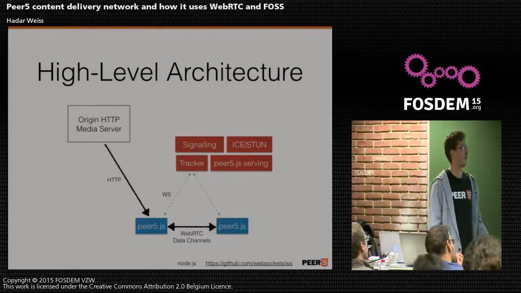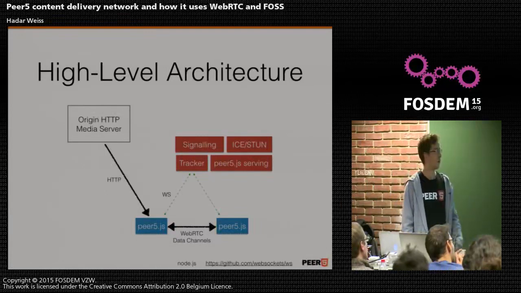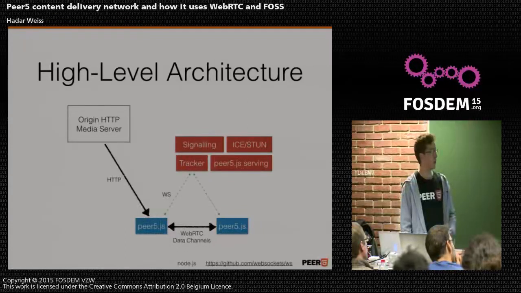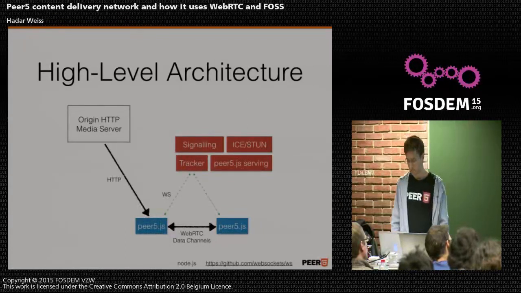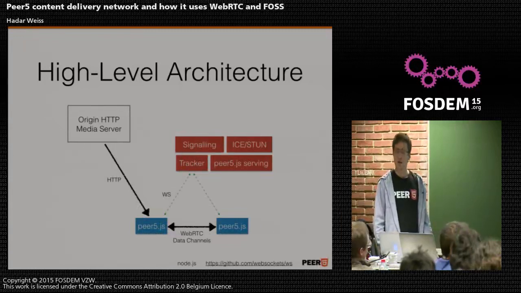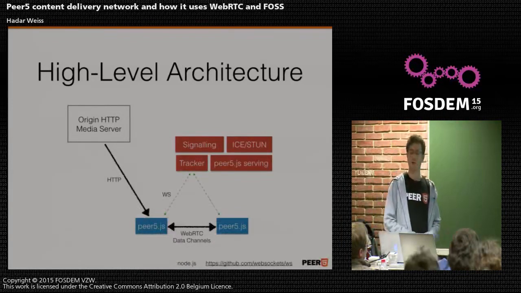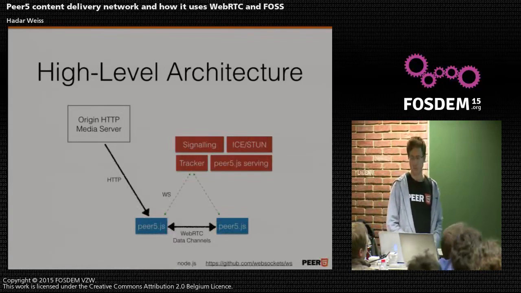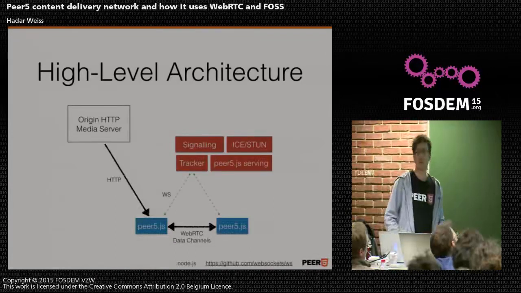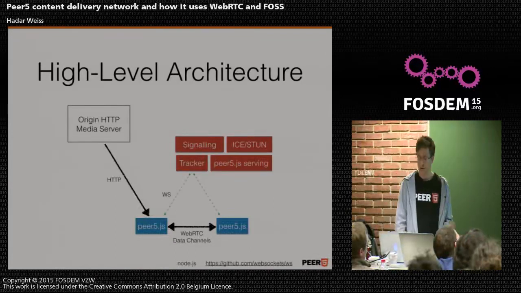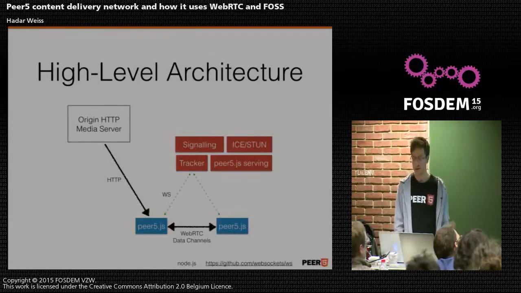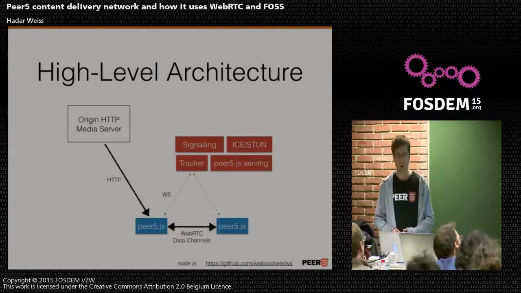So when the Eer5.js is loaded from our CDN to the browser, it connects to the backend using WebSocket. It will get matched to other peers that can contribute to the content delivery. From there, the peer can connect to multiple peers, and it will begin a connection session with other peers using the standard WebRTC process, which includes signaling and NAT reversal and whatever is necessary for the two peers to communicate.